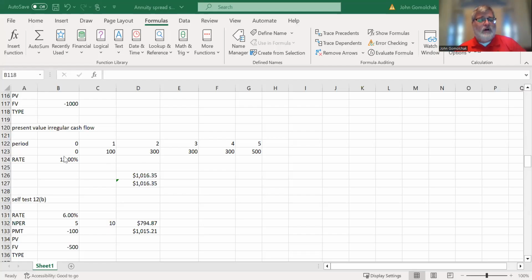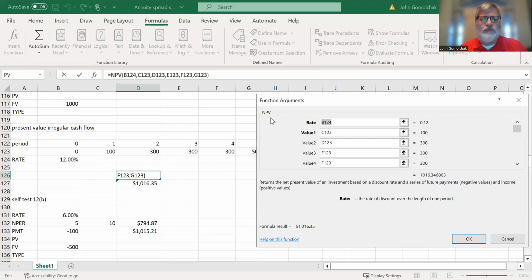So going back to my spreadsheet. Okay, so now I've created a table. Period 0 through 5. Cash flows in each of those periods: 0, 100, 300, 300, 300, 500. The rate is 12%. Okay, so now if I look at my function, what am I looking for? I'm looking for something called net present value.